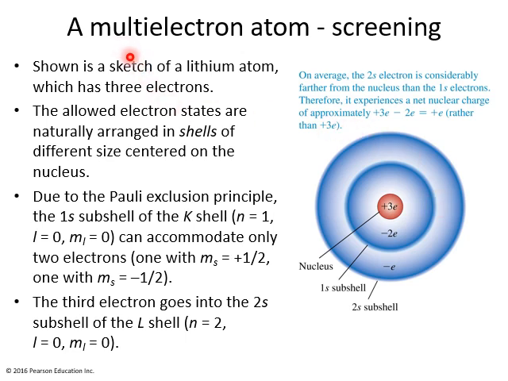So just to repeat the idea of screening, here's an example of a lithium atom, which has 3 electrons. I'll talk in more detail about that in a moment. Electrons that are in the n equals 2 shell out here, on the average spend their time outside of the n equals 1 orbital or shell. And there are 2 electrons in the n equals 1 orbital or shell.